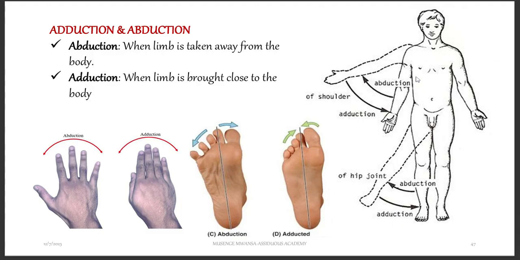And then if you come now to the entire upper limb, if you are bringing the entire upper limb near the body, that's known as adduction. Away from the body, that is abduction. Same way with the entire lower limb. If you're moving it towards the body or the middle, that's known as adduction. Away from the middle, abduction.